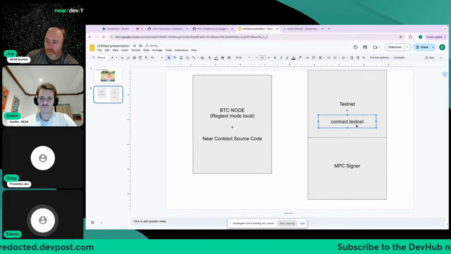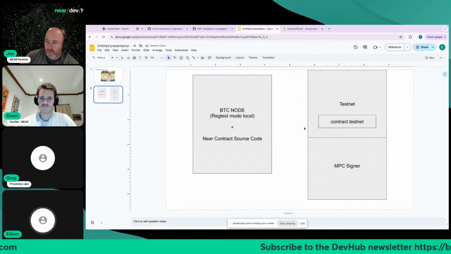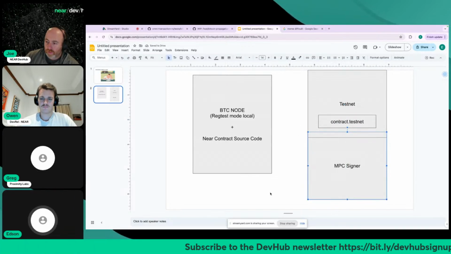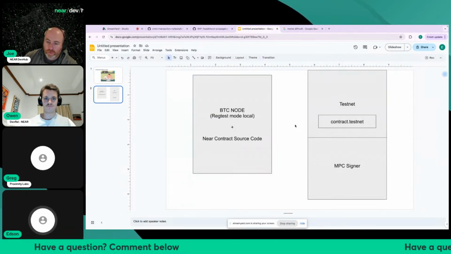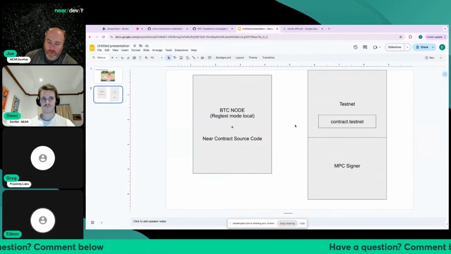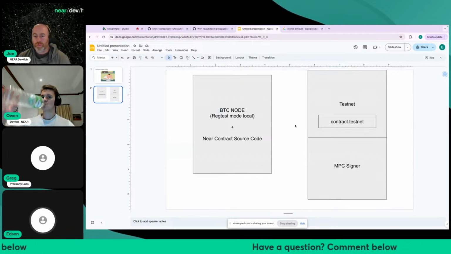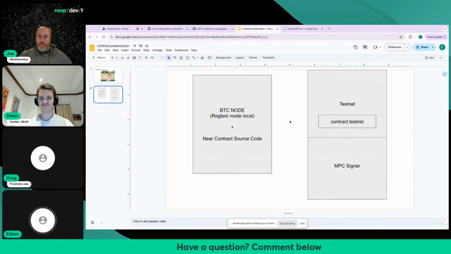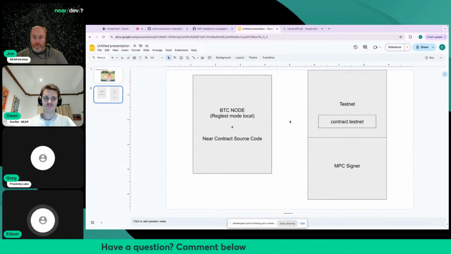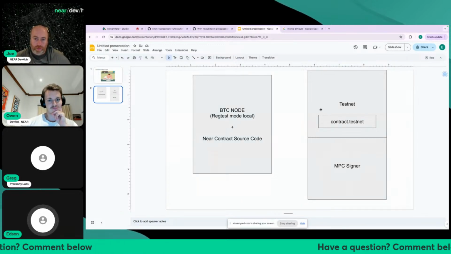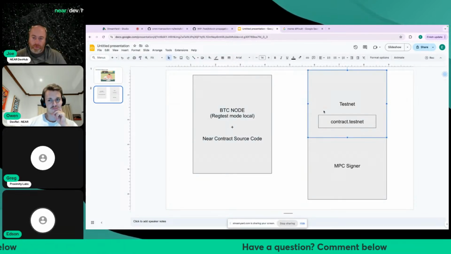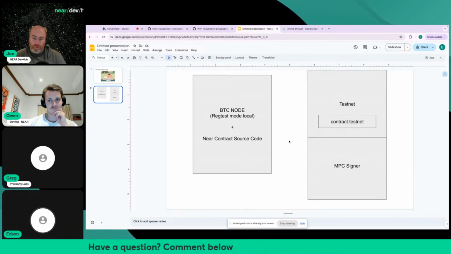Then this one is going to call the MPC signer, and this result comes here, and you deploy here. So it's a bit tricky, but I think right now this is the best way to develop BTC apps, because you have control of the UTXOs, and you are testing the real contract, developing in testnet, and using the MPC signer.